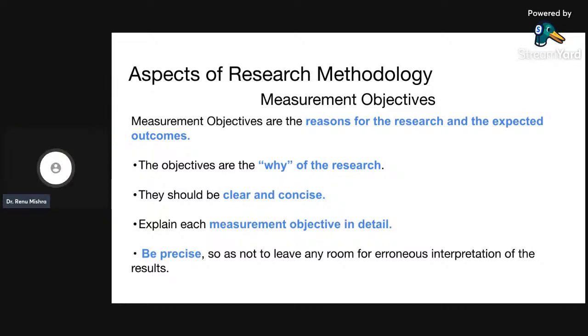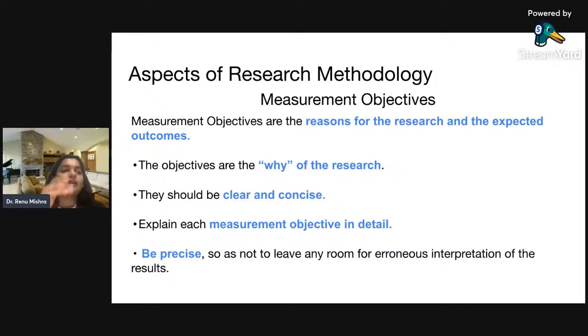Okay, now these objectives, what I always tell, should be very precise. That means it should not be very lengthy. It should be very simple, very straightforward, very measurable, I would say. Very to the point, that this is what I want to measure.